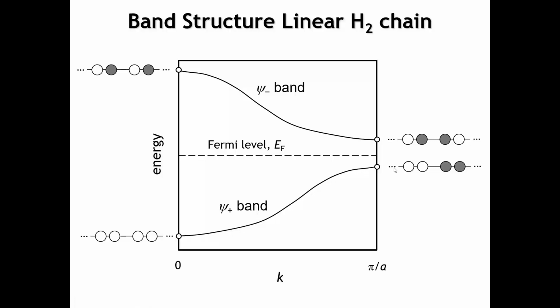Now, in physics, there is a term for a distortion of a half-filled band that leads to a dimerization, and that's called a Peierls distortion. We might think of it as the extended solid equivalent of a Jahn-Teller distortion.